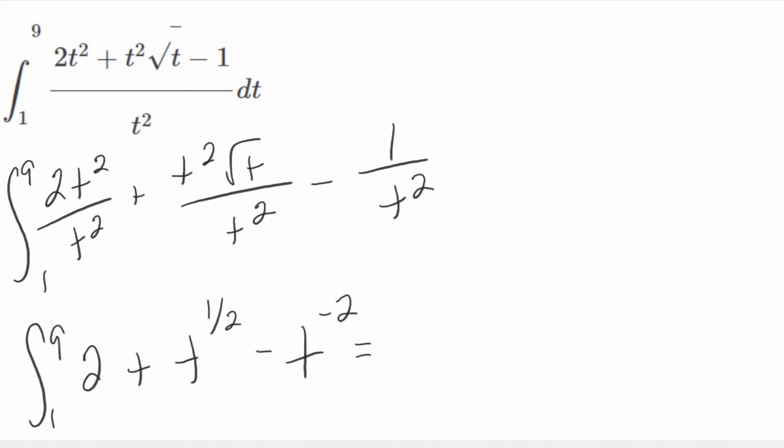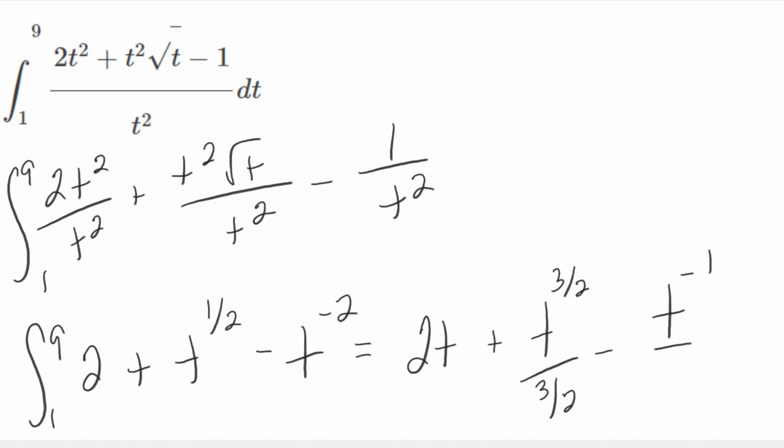So I like when you're doing these to not simplify it down right away. So this one's 2t plus t to the 3 halves over 3 halves minus t to the negative 1 over negative 1.